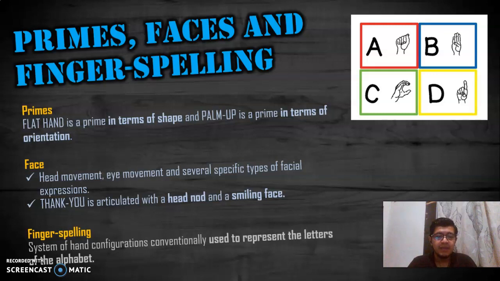Finger spelling is, for example, when we spell something, or when we say a name, we use A, B, C, D, and so on.